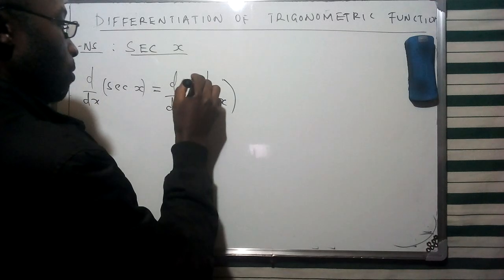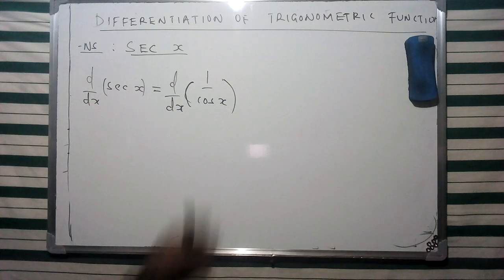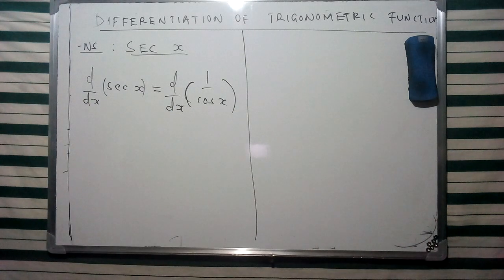Of course, this is the inverse of a basic function, which is the cosine of x, and we're going to employ the concept of the reciprocal rule. This rule is going to assist us in finding the derivative of the inverse of a basic trigonometric function, the cosine.